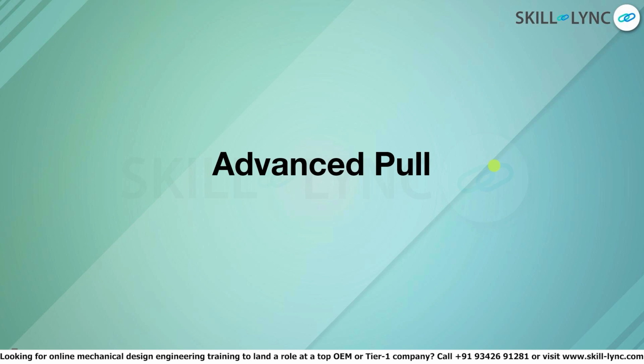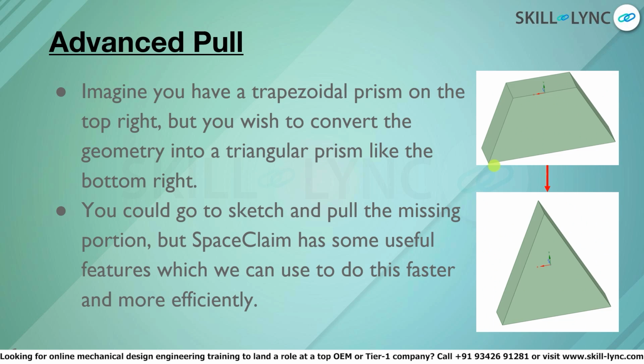In this section, we'll be covering the advanced pull tool. So what is the advanced pull? Imagine you have this trapezoidal prism on the top right, and you want to turn it into the bottom triangular prism.